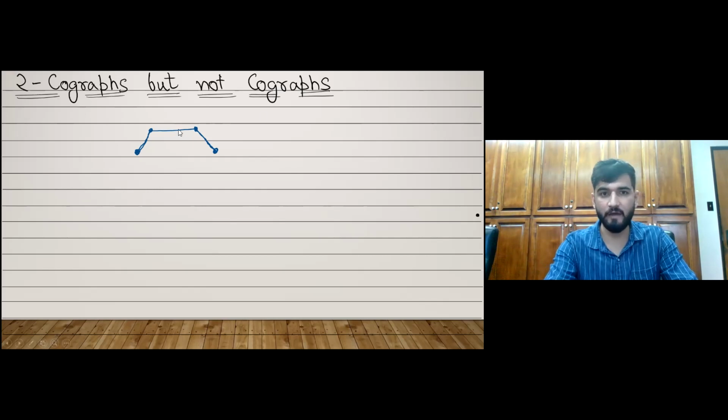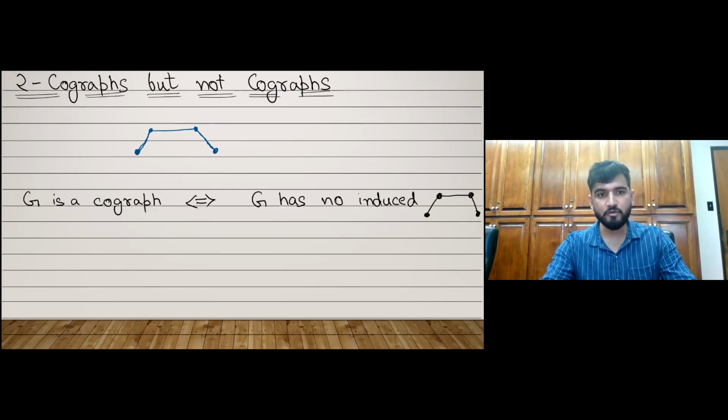So this is not a cograph, but it is a two-cograph because it is a graph on at most 4 vertices. So this is an example of a two-cograph which is not a cograph. This is special in the sense that we can actually characterize cographs in terms of a forbidden graph. In other words, G is a cograph if and only if G has no induced path of length 3.